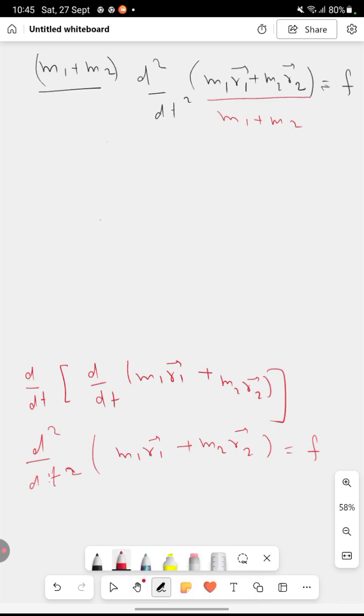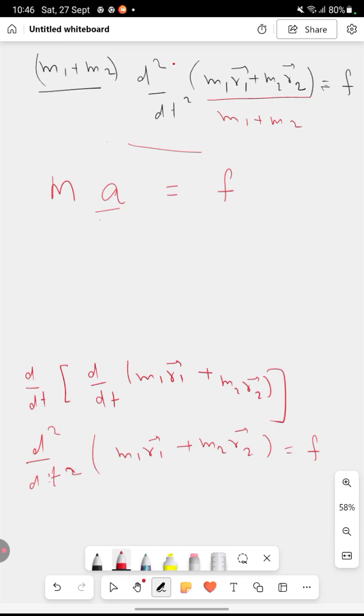Now look at this equation. This is the whole mass M, this is acceleration, and this is force. We know the double derivative of any location is equal to acceleration.